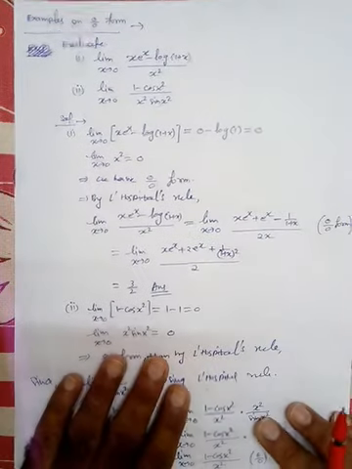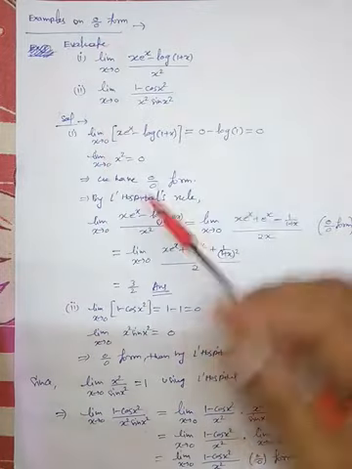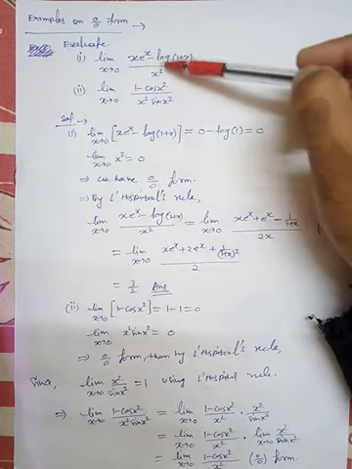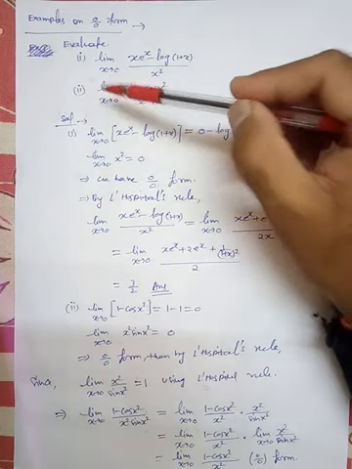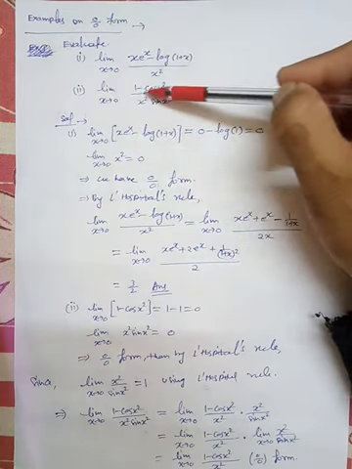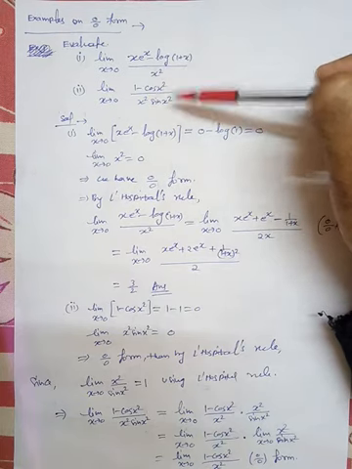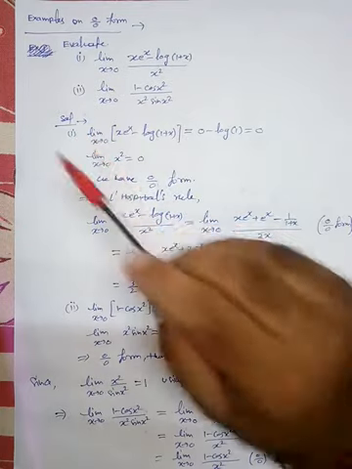Now I am taking a few examples. First, examples on the 0 by 0 form. Evaluate the limit as x tends to 0 of x e^x minus log(1 plus x) divided by x square. Second is the limit as x tends to 0 of 1 minus cos x square divided by x square sin x square. Okay. Now the solution of the first part.